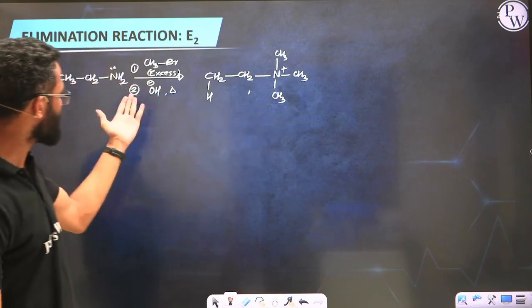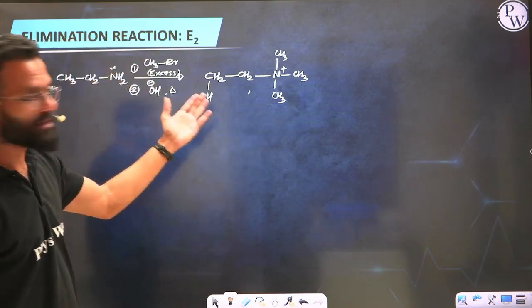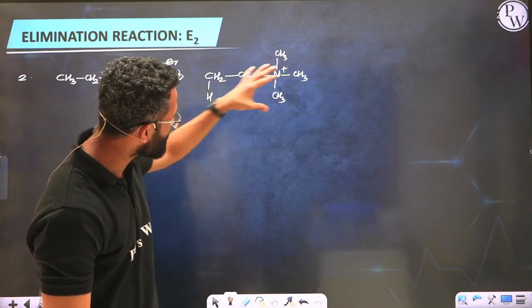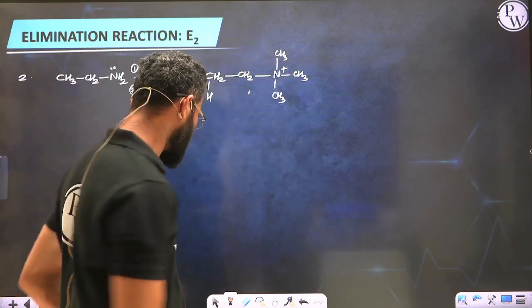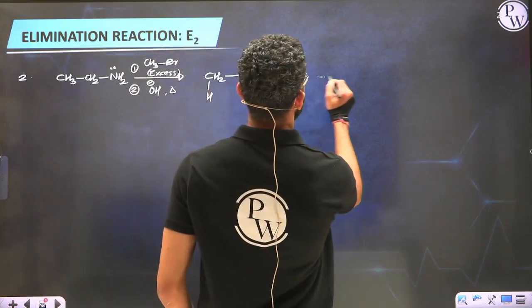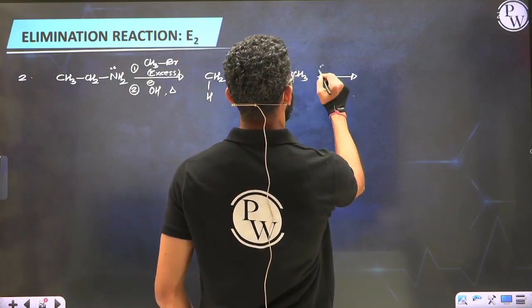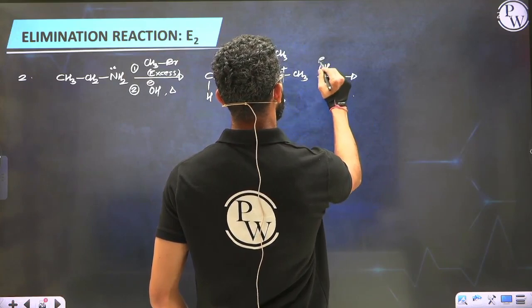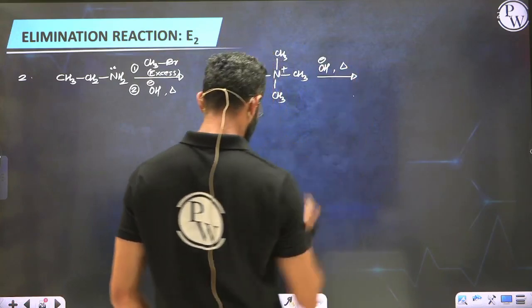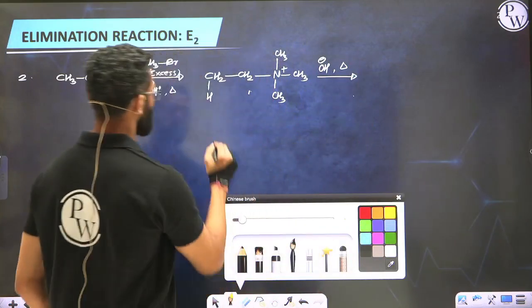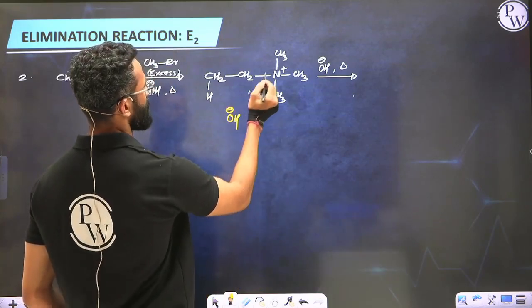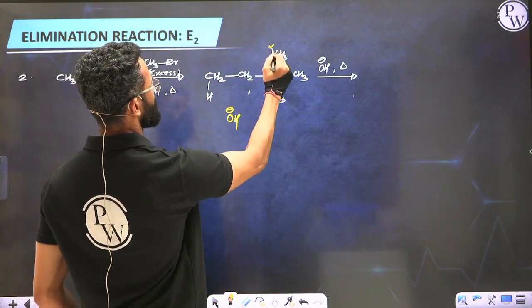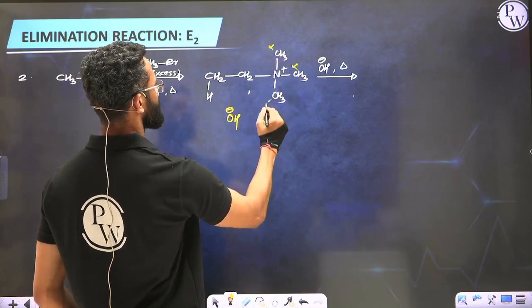And now the second condition is OH minus and heat. The moment you see that you have got NR3 plus, OH minus and heat, meaning the next step is certainly going to be Hofmann elimination. Now with OH minus and heat, nitrogen, the next carbon is alpha, even this is alpha, even this is alpha.